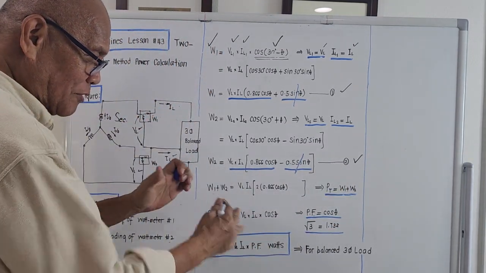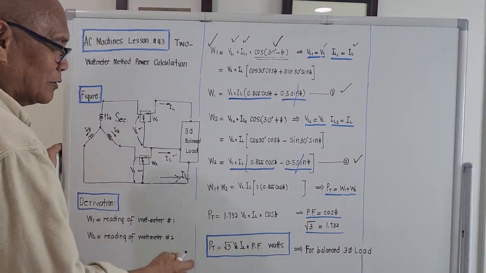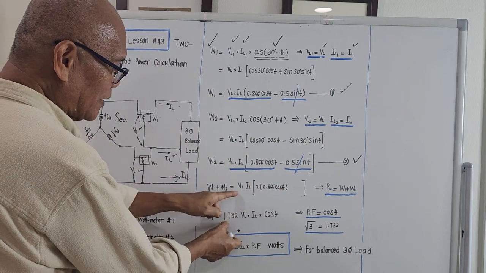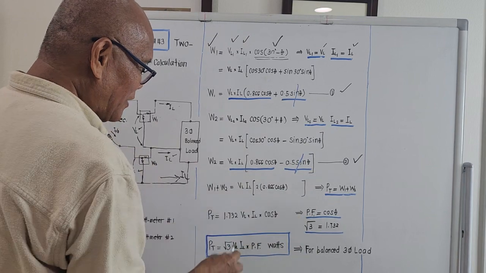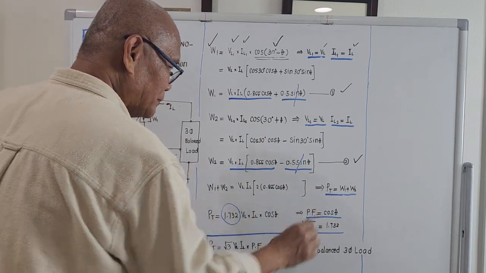So for a balanced three-phase load, P total will be equal to 2 times 0.866, which is 1.732, times V sub L times I sub L times cosine of theta. But what is 1.732? It is square root of 3.